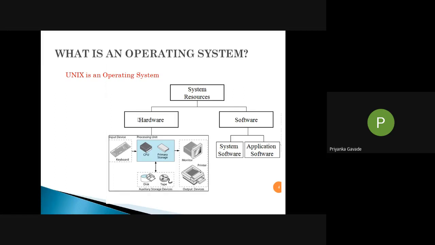Correct. Similarly, the operating system also provides convenient abstractions, through which we try to isolate application programmers and users from the details of the underlying hardware. So when you are making use of a system, you need not know what its hardware is, or what the various components involved are, and how exactly they are going to function.